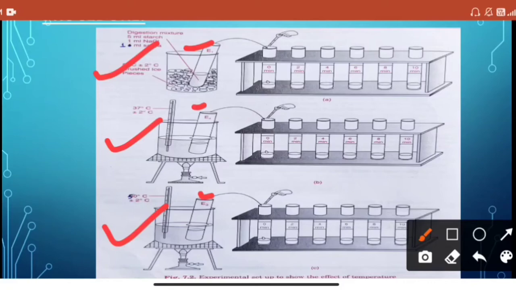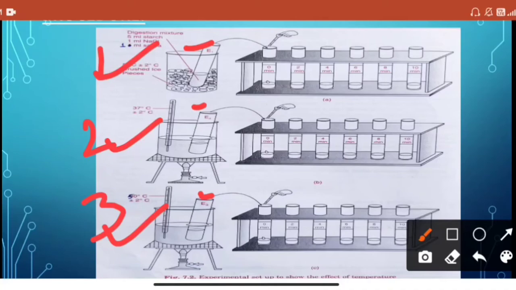And as I said, in the first setup we will maintain the temperature close to 5 degrees Celsius. The second setup, there we will maintain the temperature close to 37 degrees Celsius, which is our body temperature. And the third set, there we will maintain the temperature close to 50 degrees Celsius.